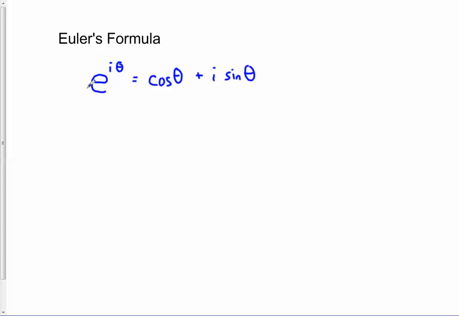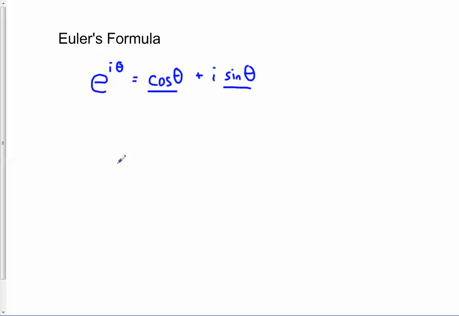It says that e to an imaginary number, so a multiple of i, and whatever the multiple is I'm representing here as theta, so like e to the 5i, or e to the negative 2i power, you can break that down into a real part and an imaginary part, and the real and imaginary parts are cosine and sine of that number.